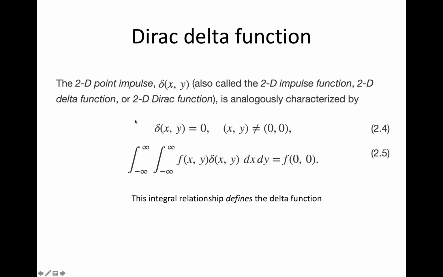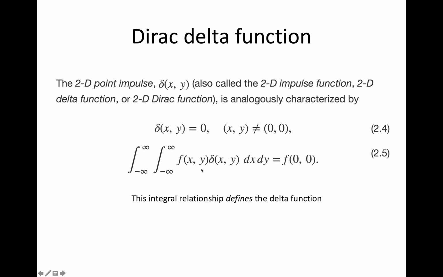So the function itself is defined by this equation. Everywhere in the xy plane, in the 2D plane of our picture, this function equals 0, except at one point. In this case, when we just have x and y here, it's at 0, 0. It does not equal 0 there. And what is the value of it there? Well, the value is given by this.